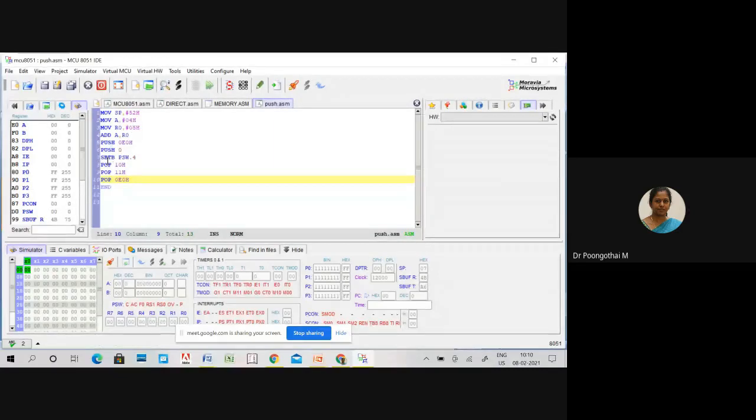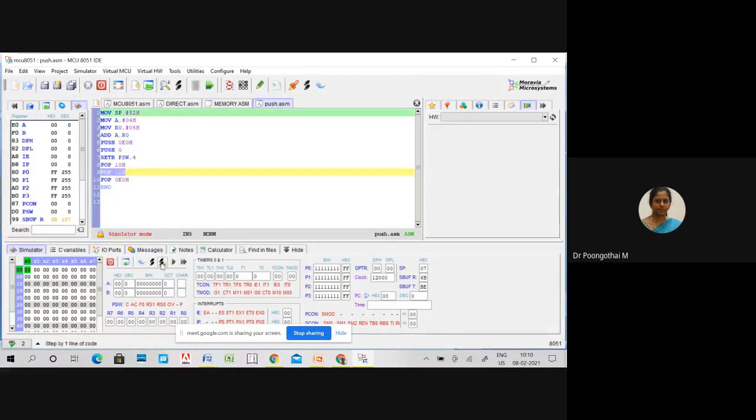Next, I am going to select bank 2 by setting PSW.4 to 1, and pop the content into R0 of your bank 2 and the accumulator. Here I have included one more instruction, pop 11, and next pop E0. Let's execute this one.